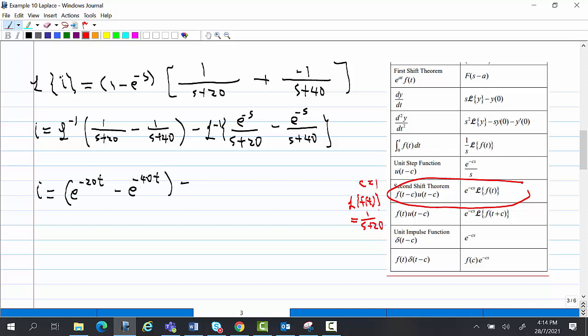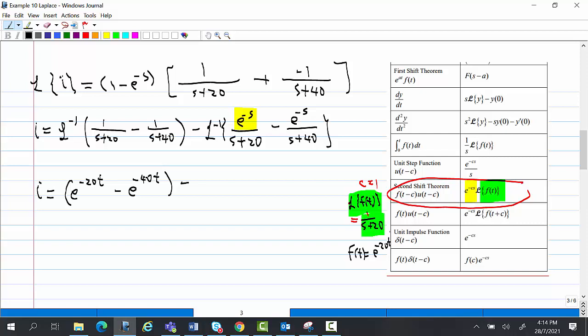I just want to make sure that you see the picture here. So this one is actually here, and this one, the Laplace transform of f(t), is actually here. So that means f(t) for the first one is e power minus 20t.